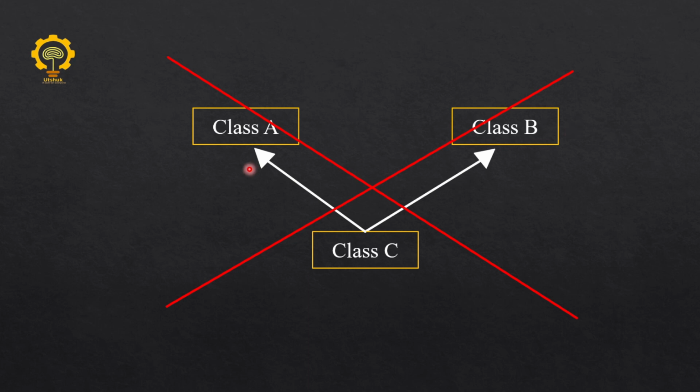This is because, suppose we have defined one method in class A, and in class B also we define a method with the same name that we defined in class A. Then it creates ambiguity whenever the child class inherits the properties of parent class A and parent class B. So due to this ambiguity problem, Java does not support multiple inheritance.